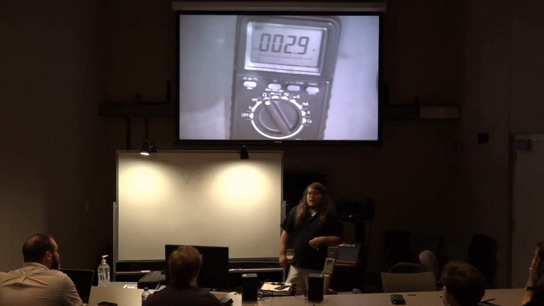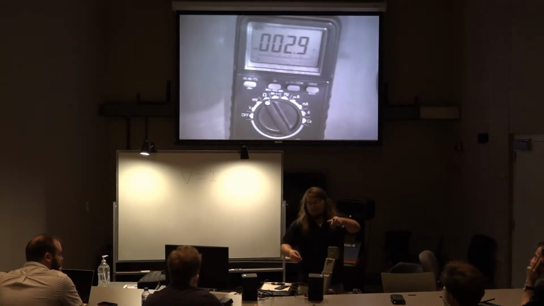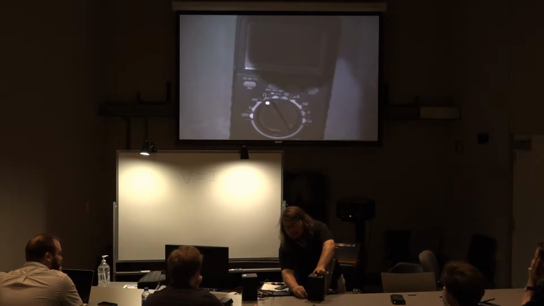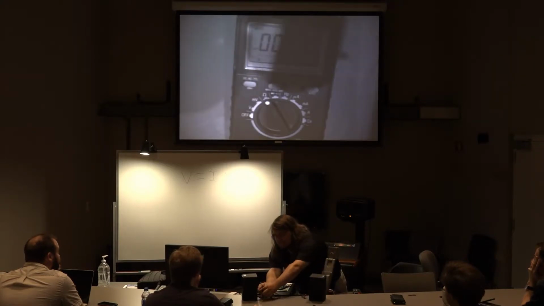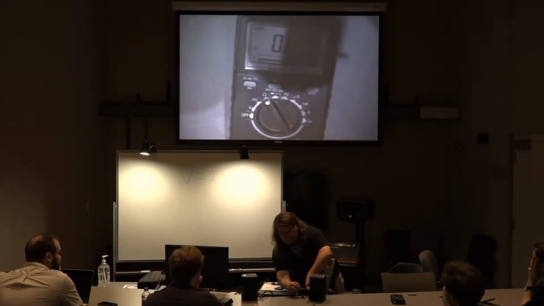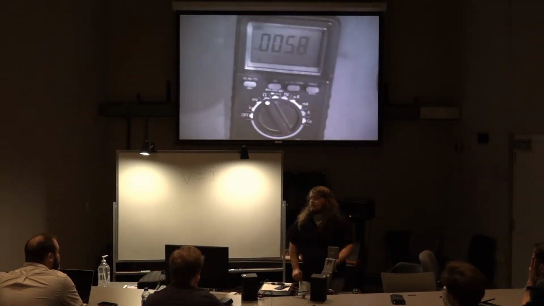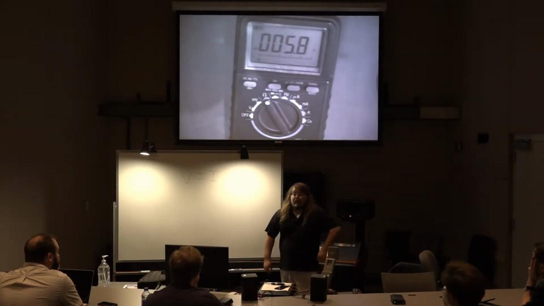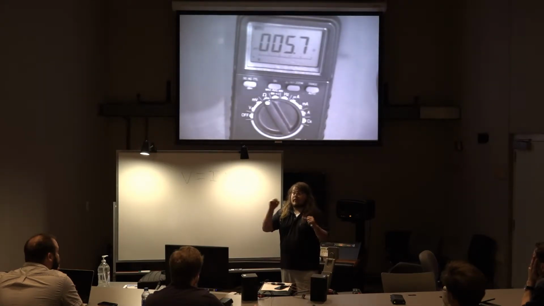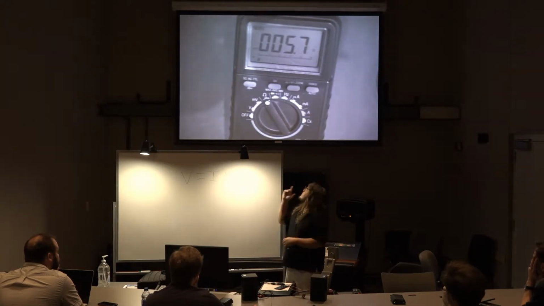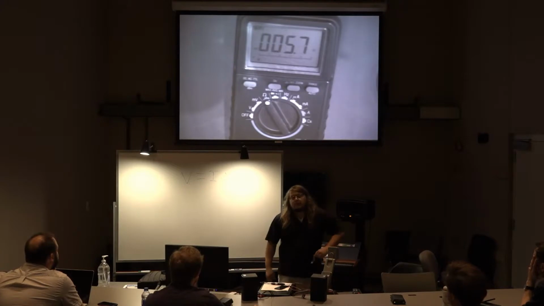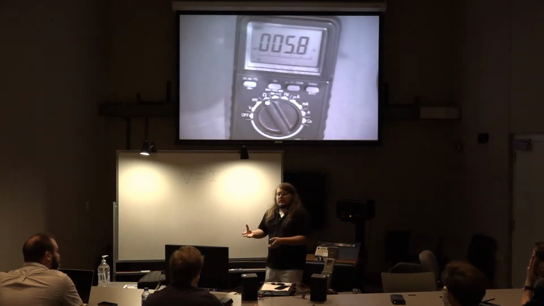If we measure just one of these guys, we have double that, correct? As we can see on the dot cam. So with one speaker, we have 6 ohms of resistance.